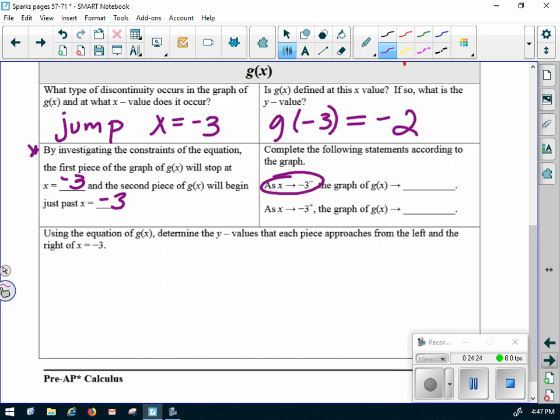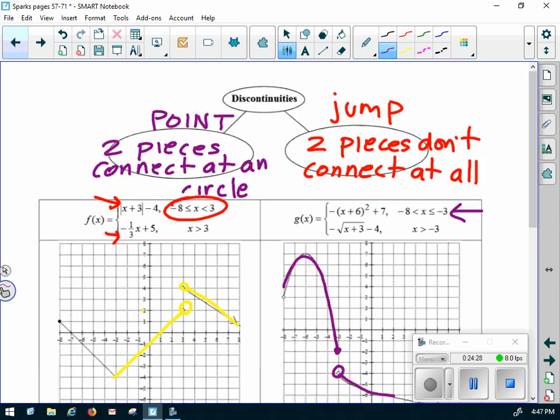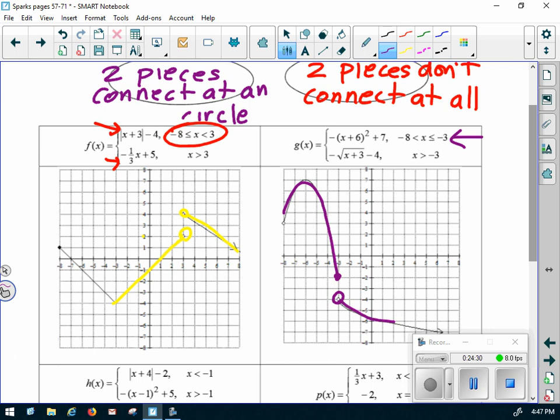As x approaches negative 3 from the left, what does the graph do? That means from numbers less than negative 3. So we're coming at it this way. The y values are getting closer and closer to, and in fact actually end up equaling negative 2.